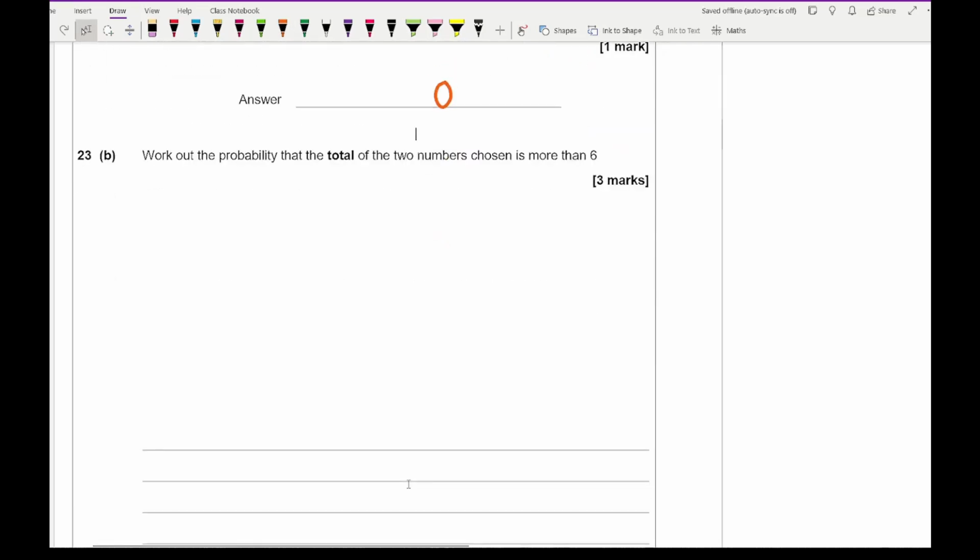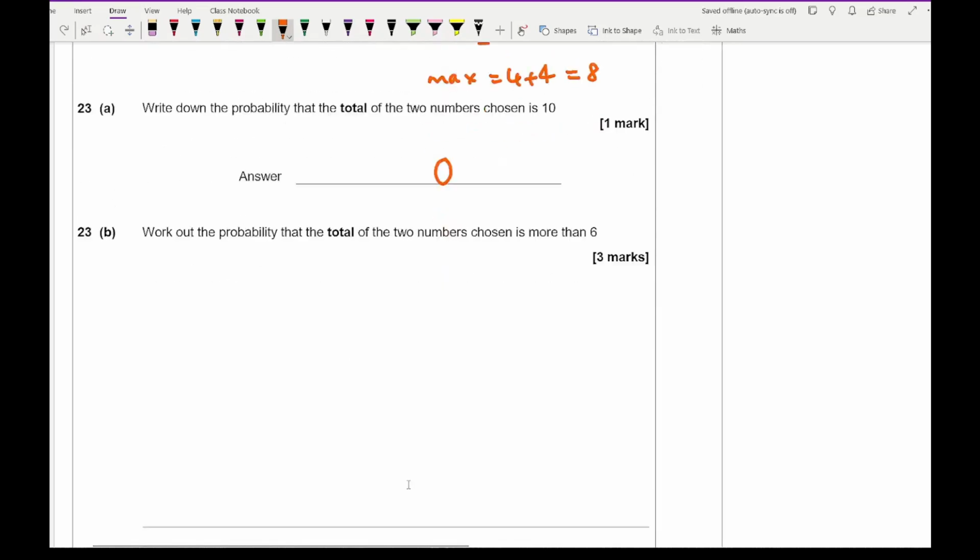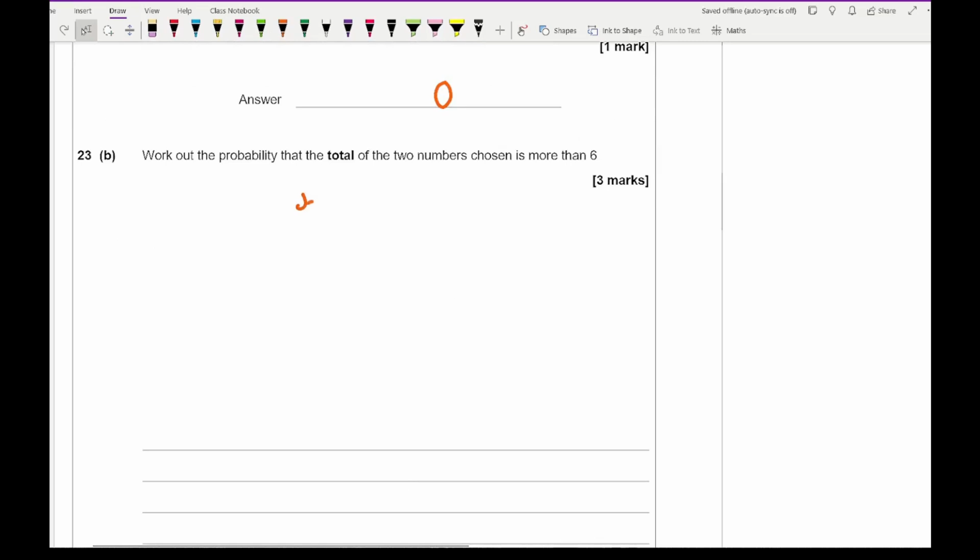The next question then says work out the probability that the total of the 2 numbers chosen is more than 6. So if we write down, I forgot the 2 names, so it's John and Matt. So if I have John's numbers here, so I have 1, 2, 3, 4, and then I write Matt's choice, which is 1, 2, 3, and 4.